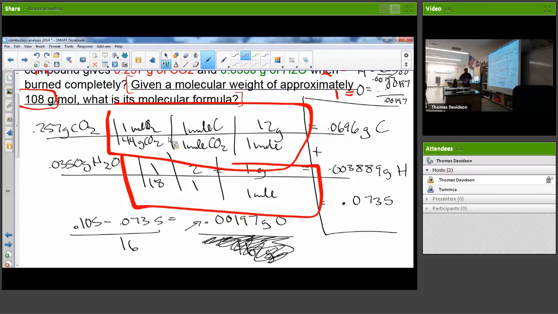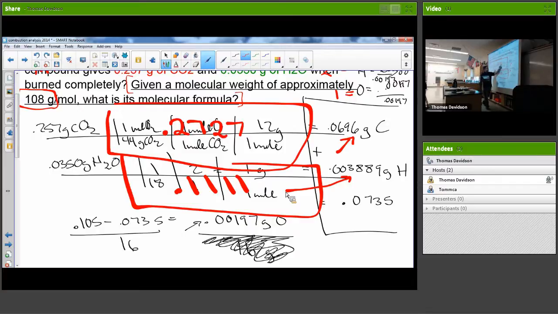All of this math right here ends up to be 0.2727. That gets you to grams of carbon. And all of this math right here is 0.1111. That gets you to grams of H. H is nice because the moles and the grams are the same. But with carbon, you got to be careful.